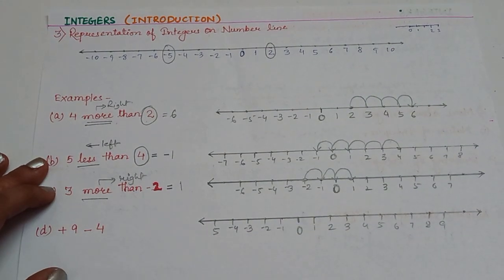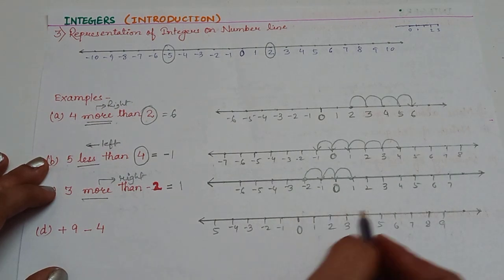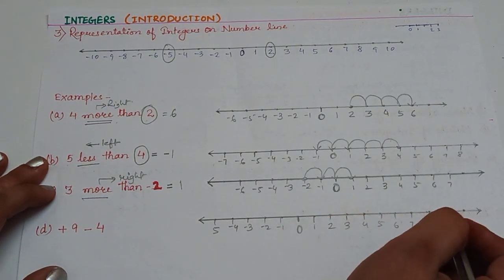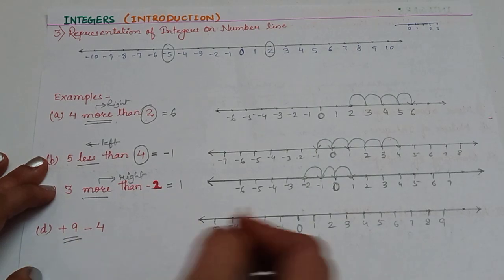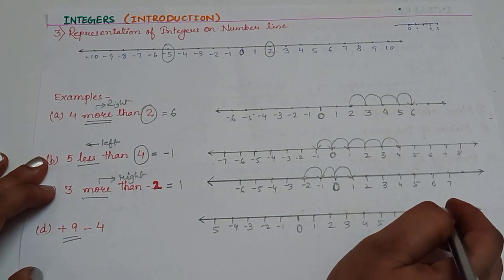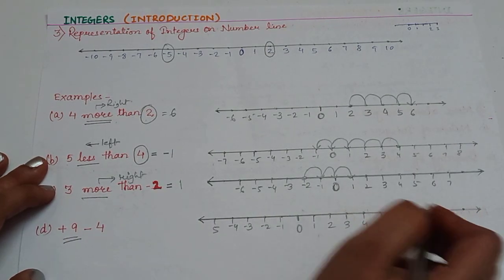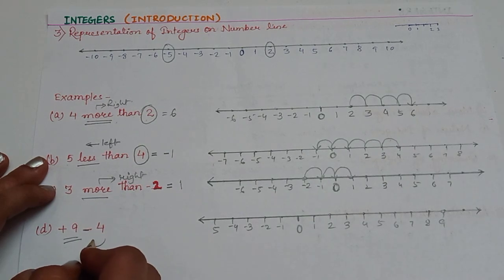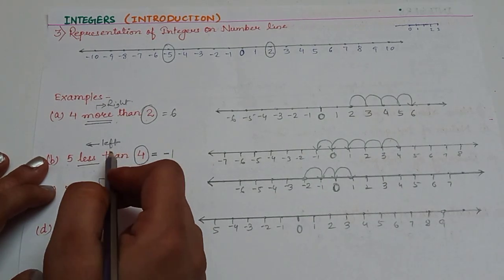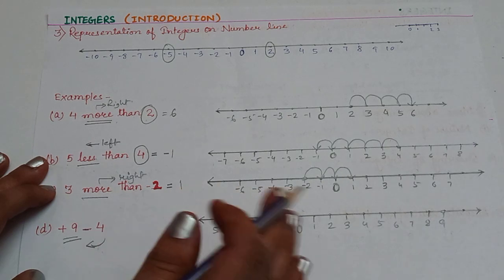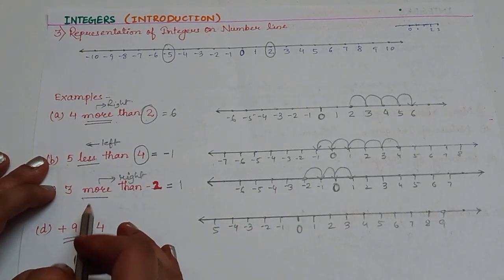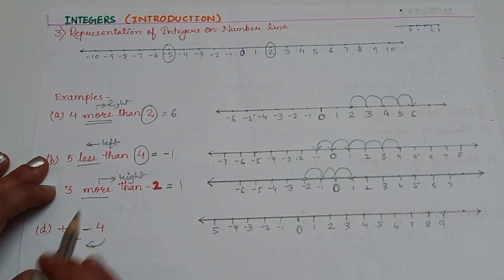So here, how will we go? First see what number is written here: plus 9. So we will move to 9 first. And then it is minus. Minus means we have to move to the left. Whenever it is written less or minus, we have to move to the left, and whenever it is written more or plus, we have to move to the right.